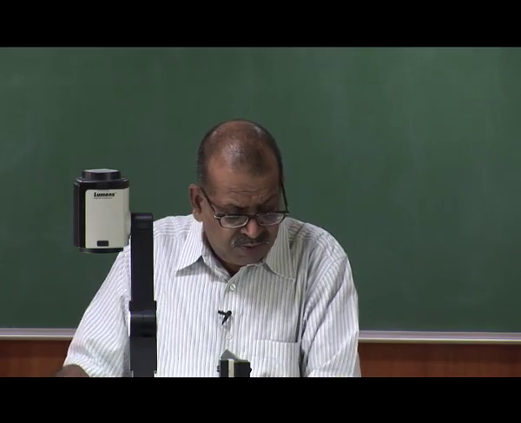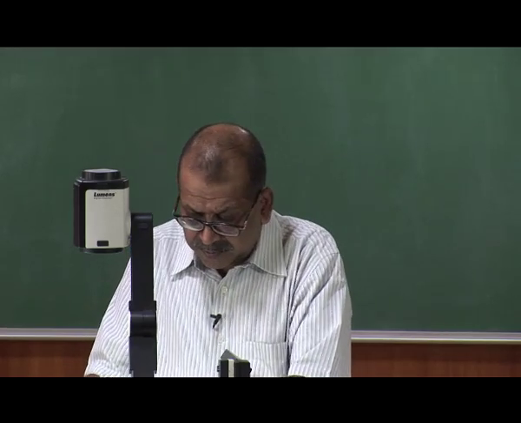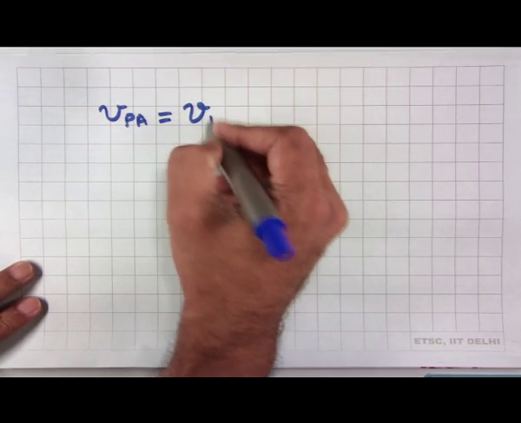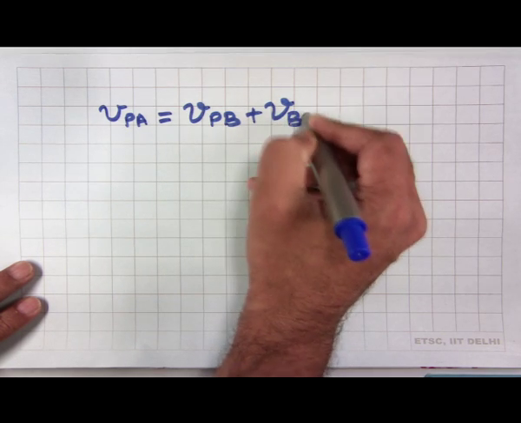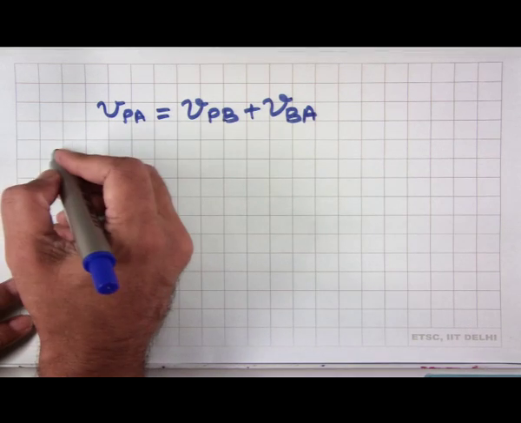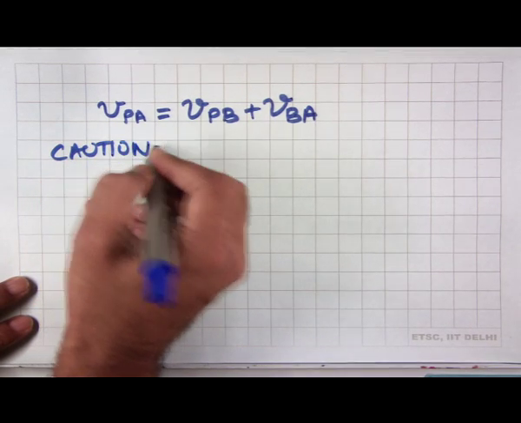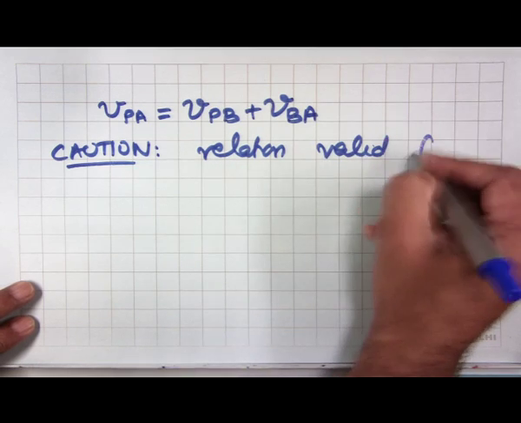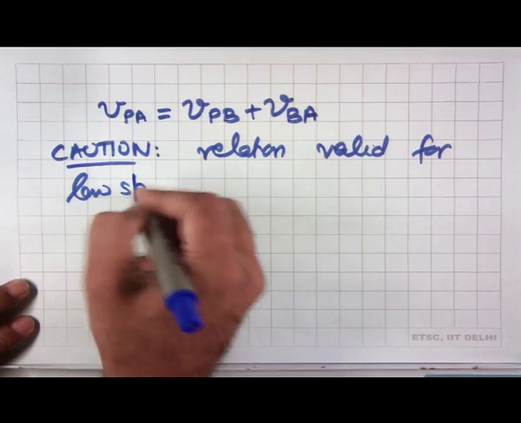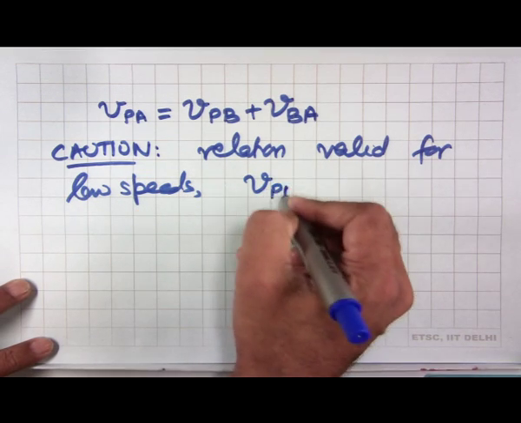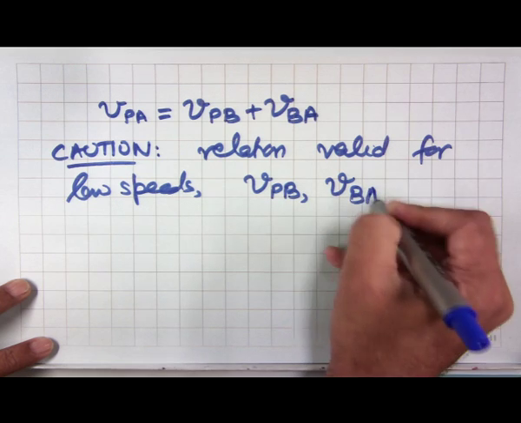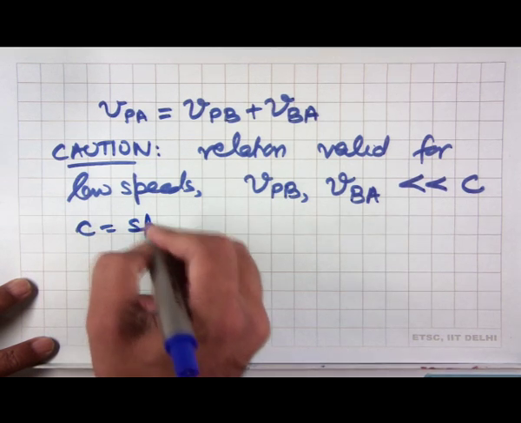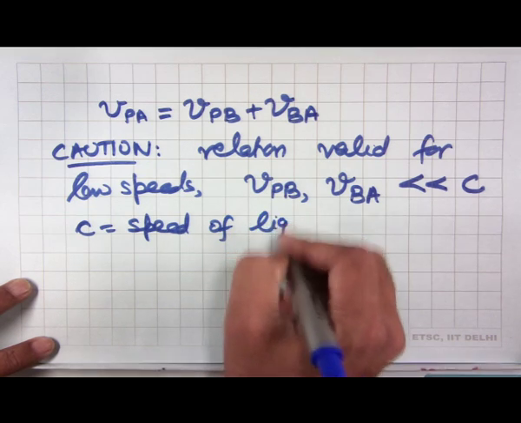Another word of caution, when we use this relation VPA is equal to VPB plus VBA, this relation is valid for low speeds, and by low what we mean is when VPB and VBA, each of them are much less than c, where c is the speed of light.